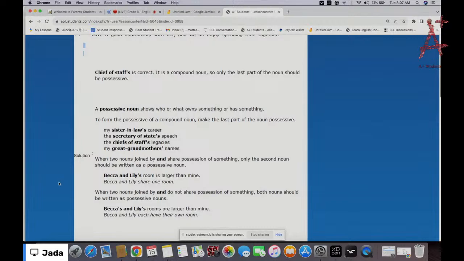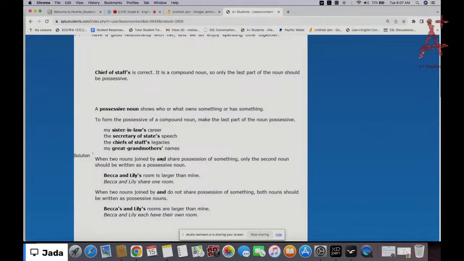Now you see that Becca and Lily's room is larger than mine. These are the two nouns, right? We know that a noun is the name of a person, animal, place, or thing. Becca is a name, Lily is a name, but you have to make the second noun possessive.